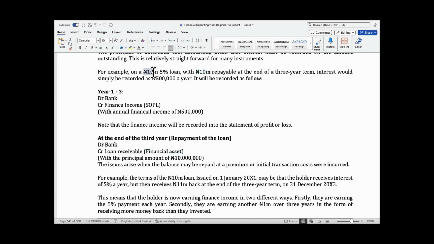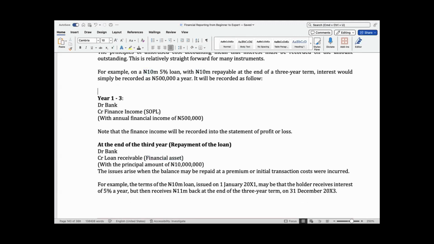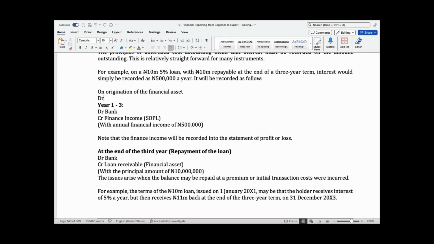And don't forget that as soon as you invested, which is on making the investment, or let me use a more technical term, on origination of the financial assets, meaning when you make the investment, you simply debit financial assets.